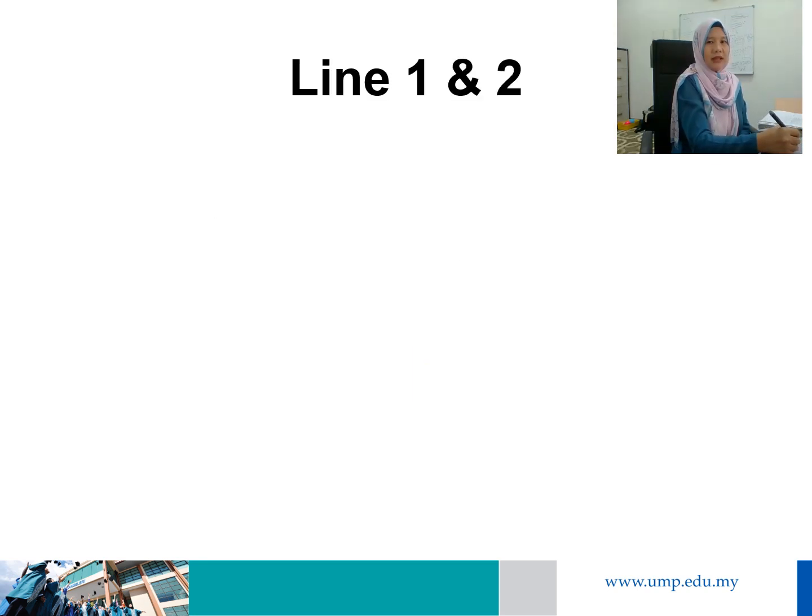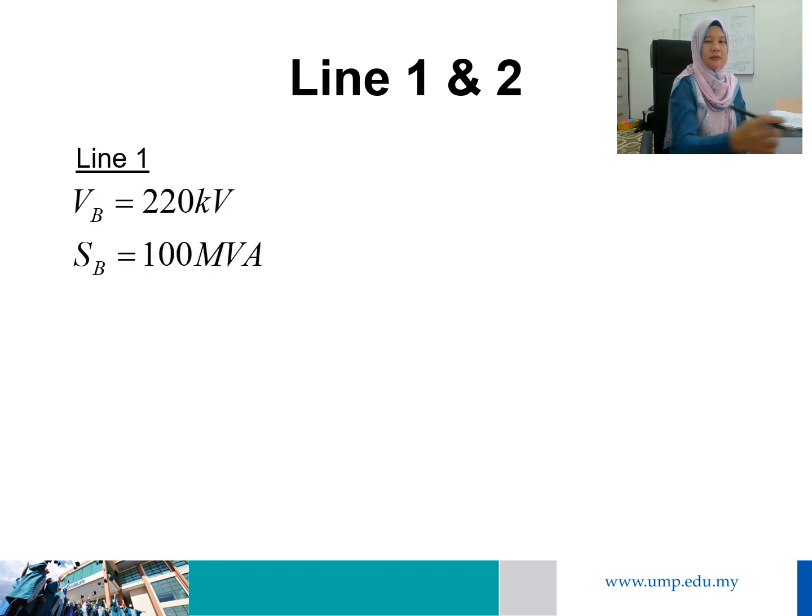For the transmission line, for line 1, we have base voltage equal to 220 kV and the base power equal to 100 MVA. Thus, we can calculate the base impedance.